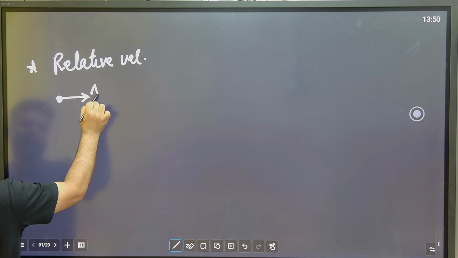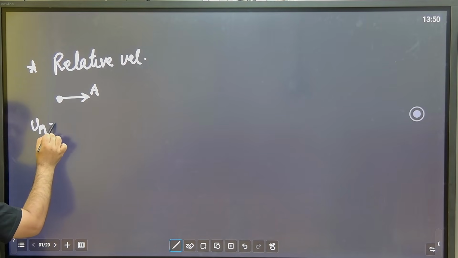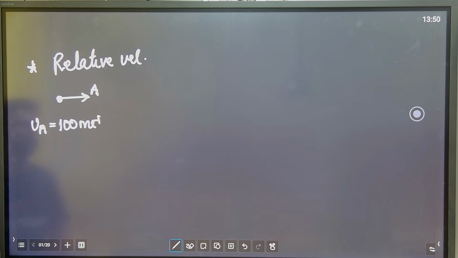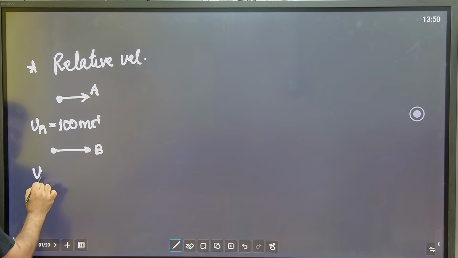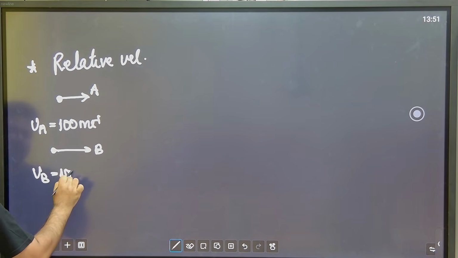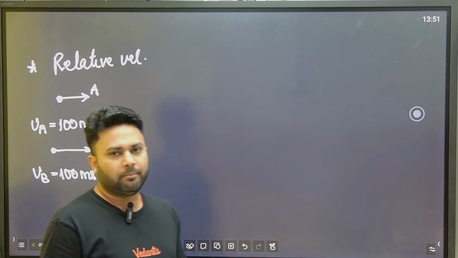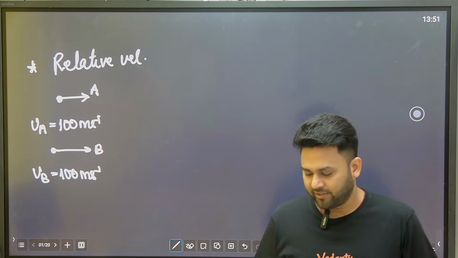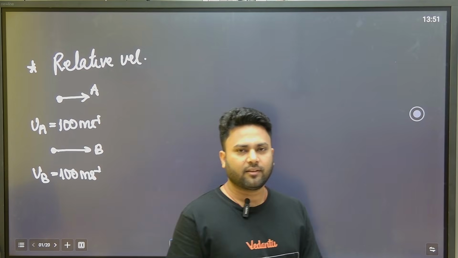This is train A. The speed of train A is 100 meter per second. And there is another train B which is also traveling with the same speed, 100 meter per second, on another path.